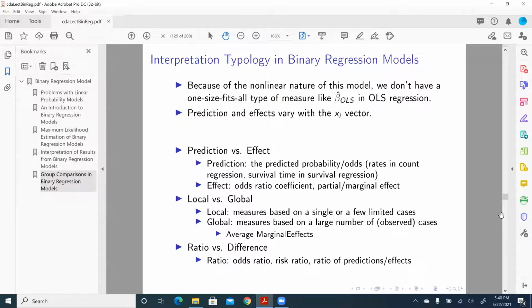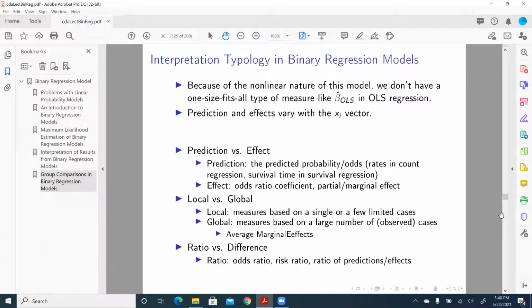Sometimes it could be probabilities, sometimes effect measures such as odds ratio coefficients. Here I give a couple of examples: odds ratio, so we take a ratio; risk ratio, a ratio of two probabilities. Or it could be a ratio of predictions or effects.